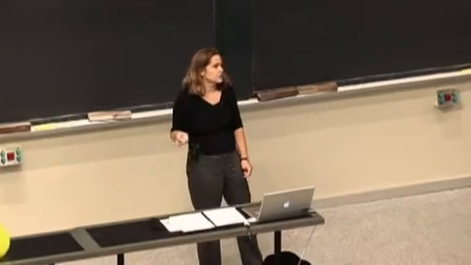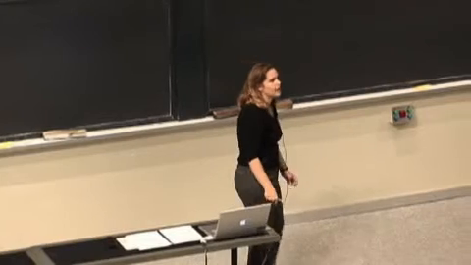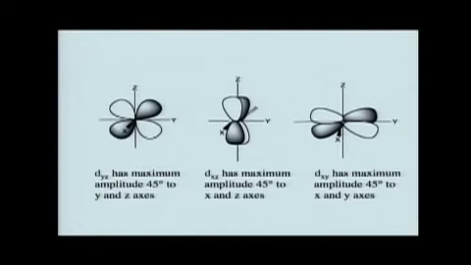The next sets of d orbitals have their maximum amplitudes off axis, so they don't correspond directly to the axes that I just mentioned. They're in fact 45 degrees off axis.